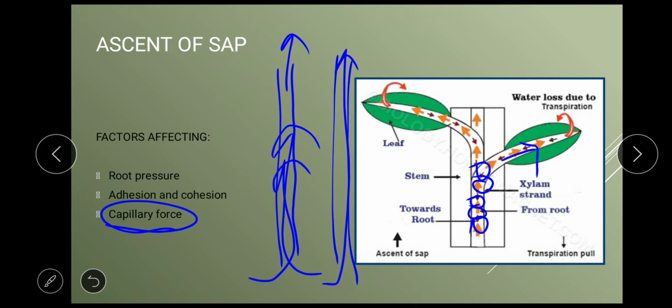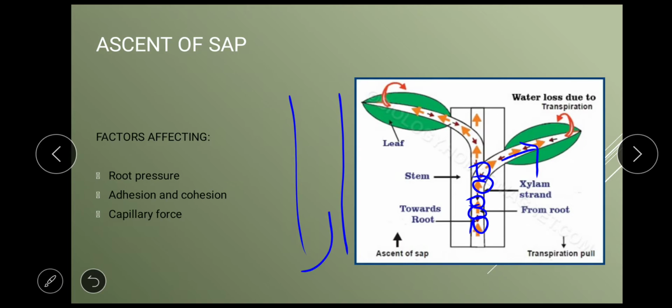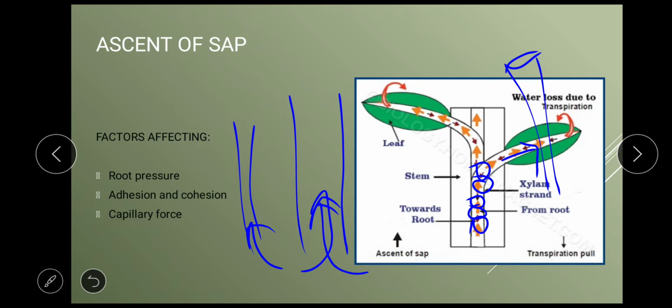Okay, so narrow tubes can easily pull the liquid because of their structure. If the tube is broad, it will not be able to pull water up, but narrow tubes can easily pull water, and that is why the straws which you use to drink cold drink are very narrow, because they can easily pull the cold drink up. That is called capillary force.